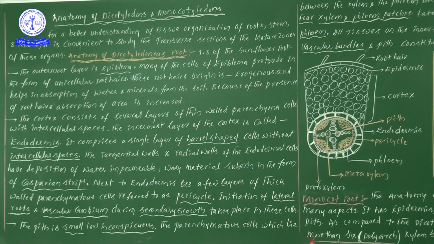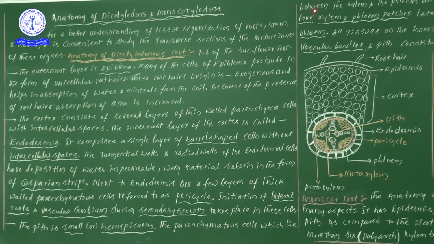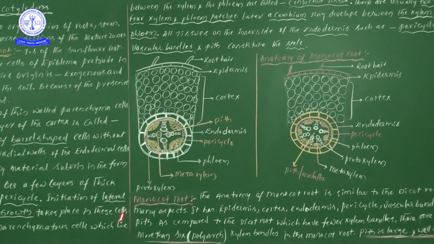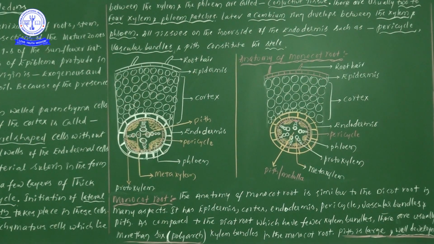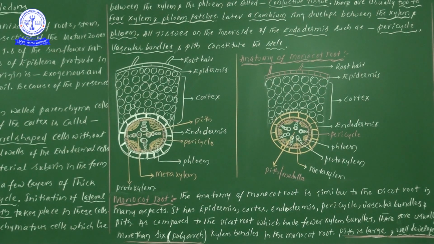Next one, the parenchymatous cells which lie between the xylem and phloem are known as conjunctive tissue. The parenchymatous cells present between the xylem and phloem: this is phloem, this is xylem, and here there is a small gap.